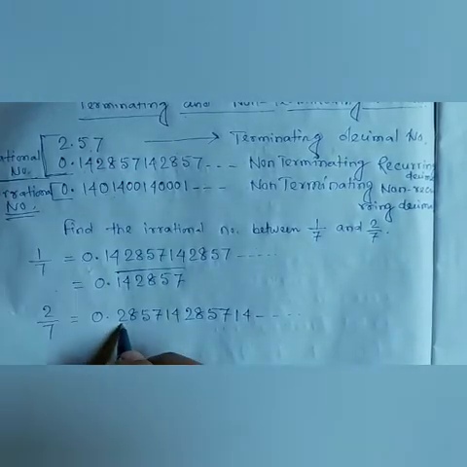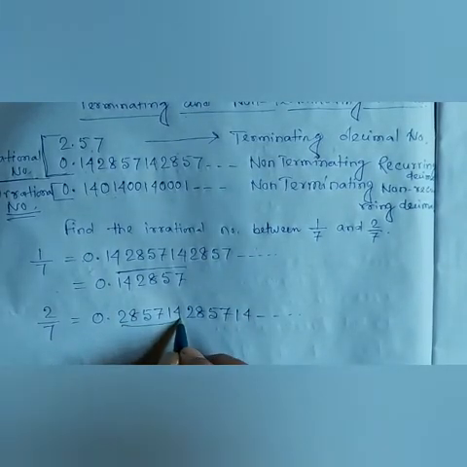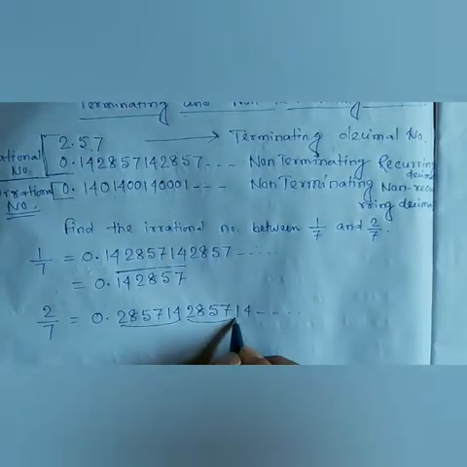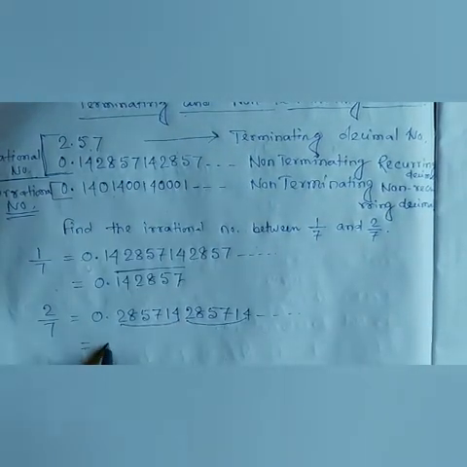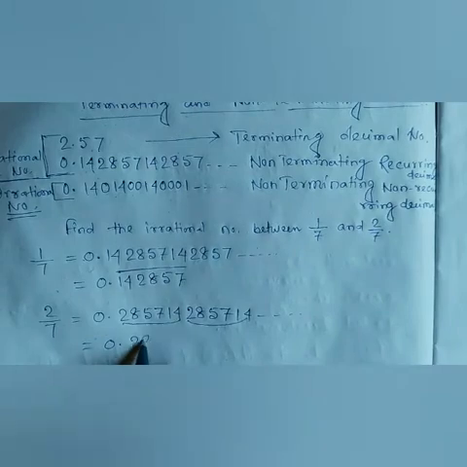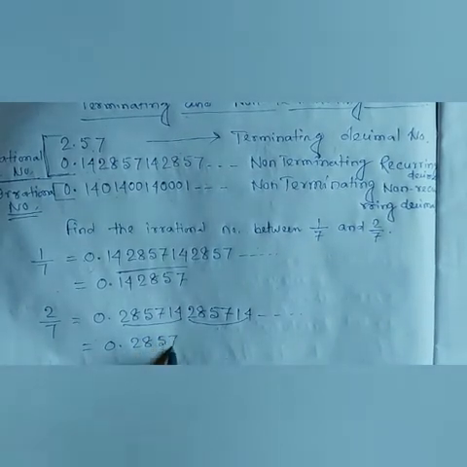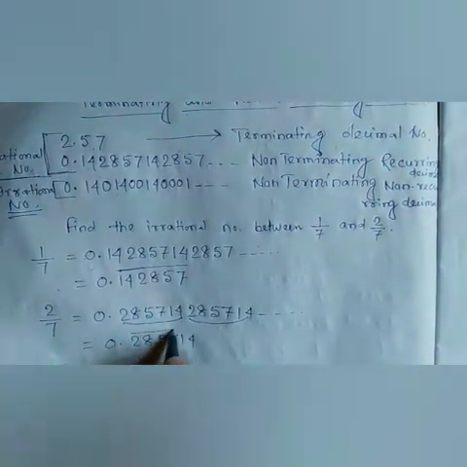These digits 285714 are repeated, so the value of 2/7 is 0.285714 with a bar on the repetition.